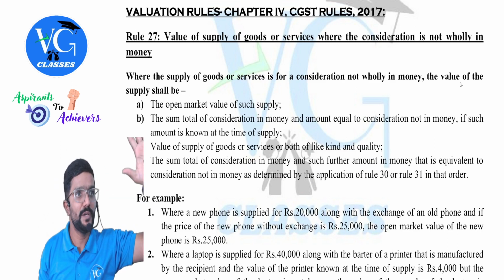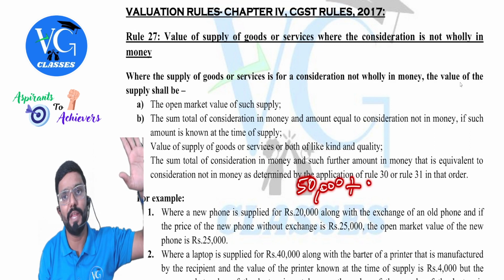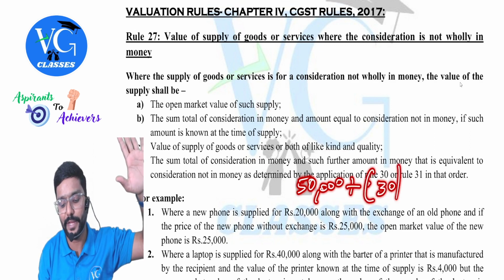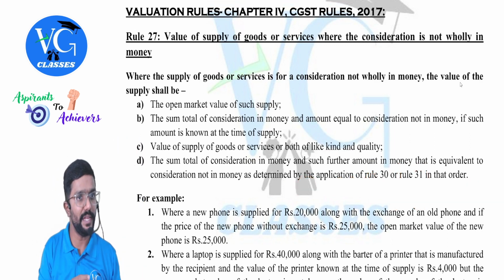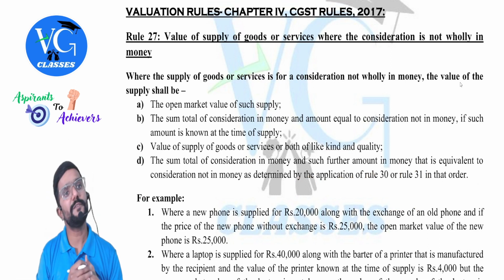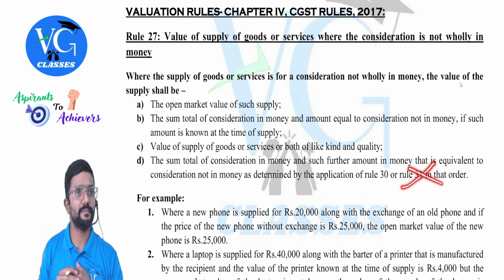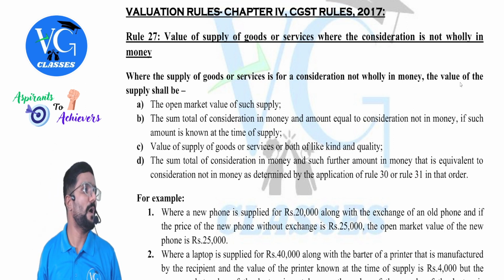Only 50,000. So should I straight away take 50,000? Oh, yes. Plus consideration not in money. I need to calculate that value by applying rule 30 or 31 in that order. That is first 30. If 30 is not possible, only then I will go to 31. Sir, what if 30 is possible? Then I will ignore 31. That's all. Clear? There also you need to go in the order.